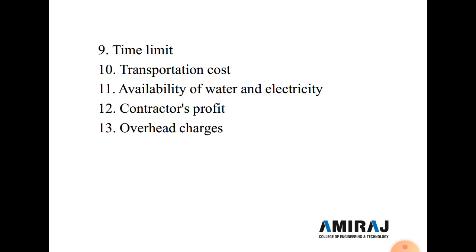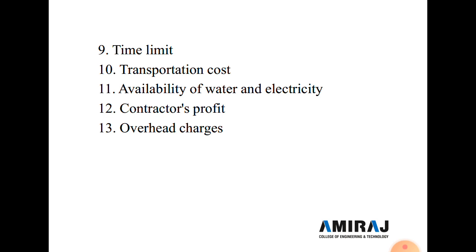Now 13th and last factor which affects the rate analysis is the overhead charge. So this includes some items like office rent, salaries of staff, lighting, traveling, telephone bills, charges or expenses, and stationery.